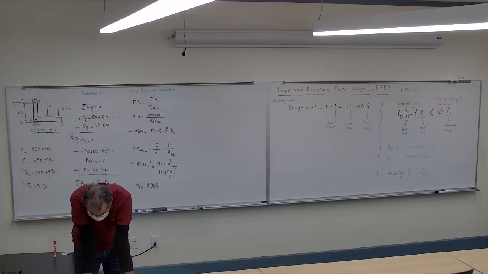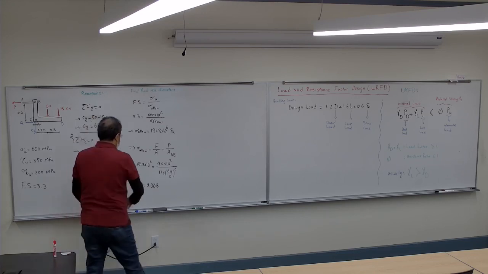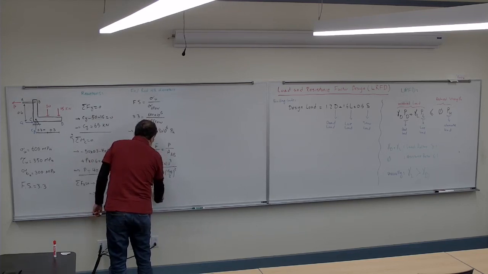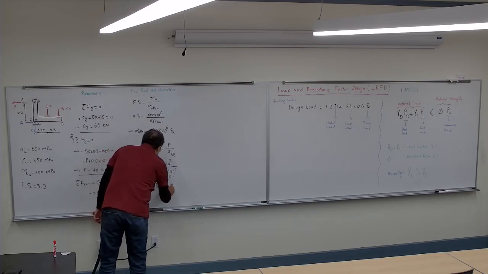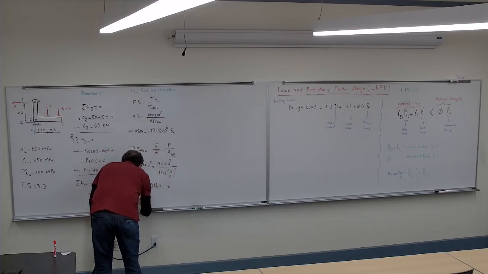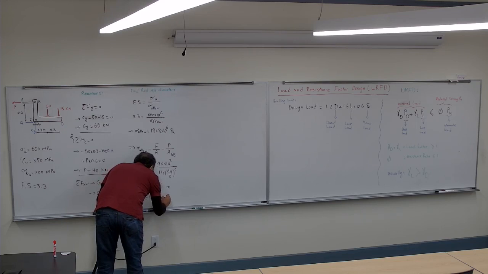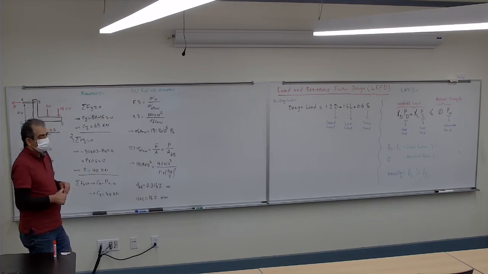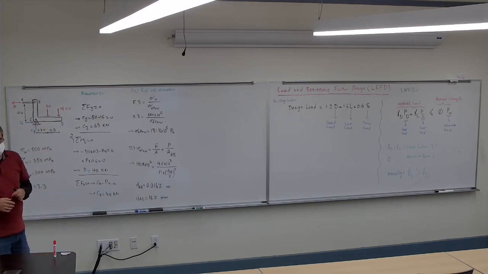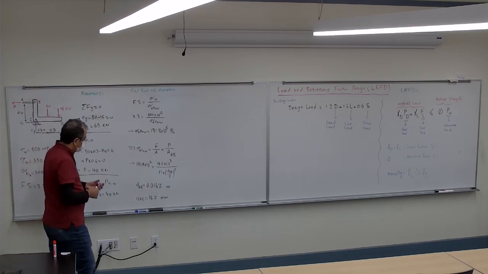I got 0.016, so it's going to be about 16.7 millimeters. So that is the diameter we have.